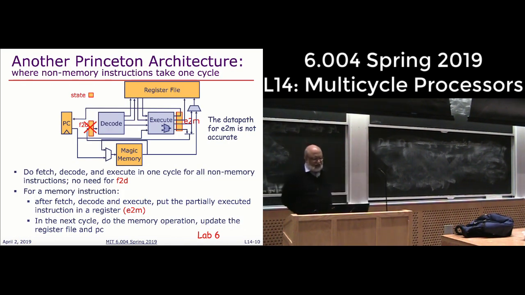So fetch and decode execute in 1 cycle for all non-memory instructions. So I don't need this F2D register, because I'm just going to take it out and execute it right there. But I have to have a test. If it's a load or store instruction, then I can't execute it, and I will have to save the partially executed instruction state in some register. So I'll have to introduce another register here. I take out the F2D register and put a register here.